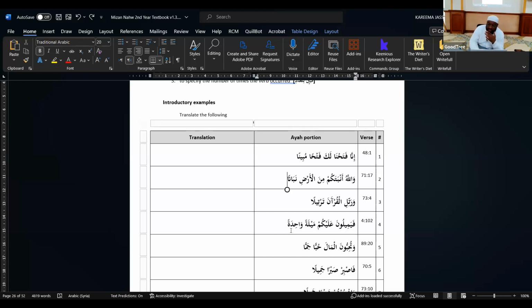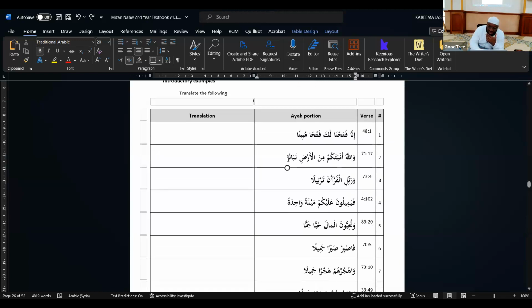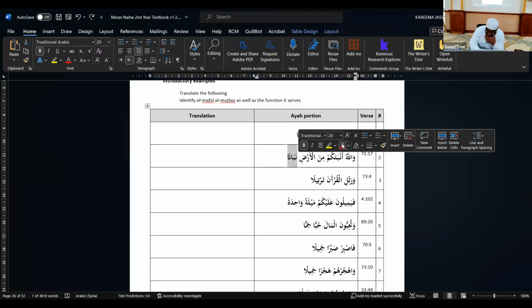Okay. This is a bit of a complex example. You can translate it very simply like that. But I myself do not fully appreciate it. This is an example of maf'ul mutlaq.